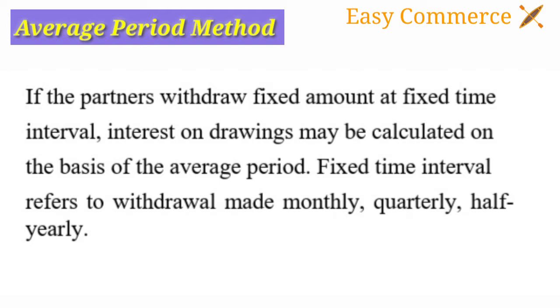Here, fixed time intervals refers to withdrawals on a monthly basis or quarterly basis or half yearly basis. Interest on drawings can be calculated on the total of the amount drawn for the average of the periods applicable to the first and last installments.